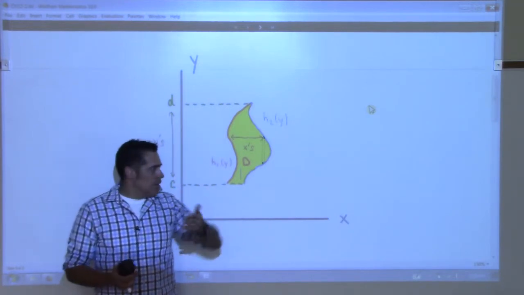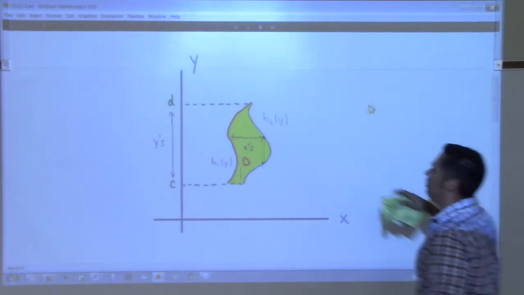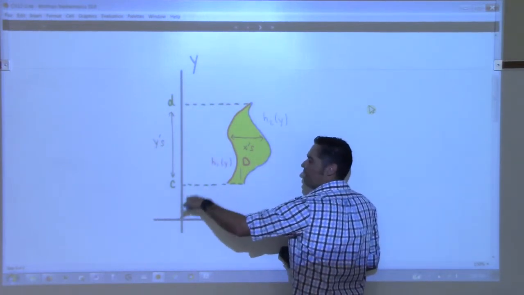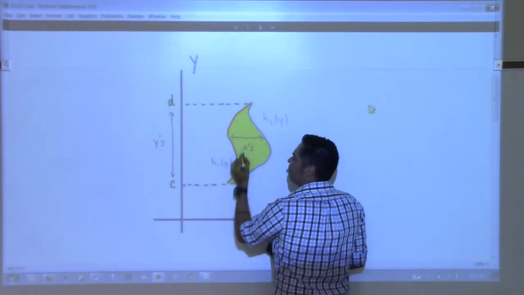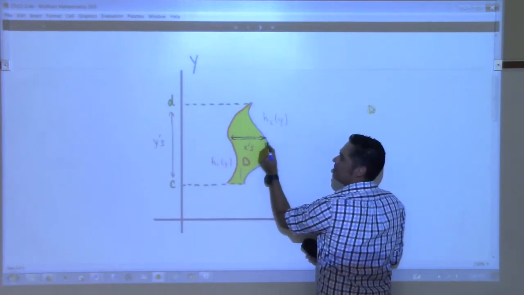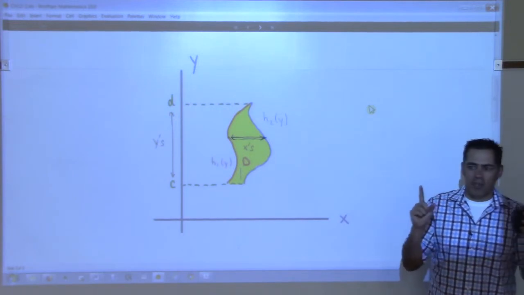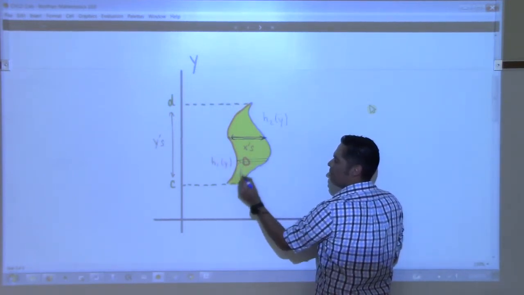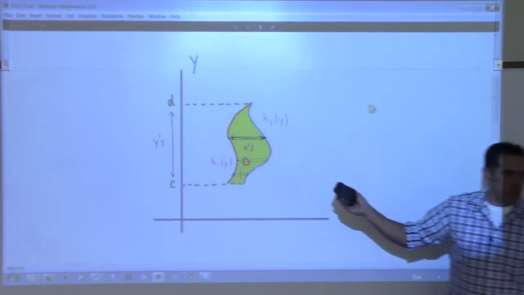Instead of looking at them as functions of x, we look at them as functions of y. If you give me a y, then I'll give you the x value. Now if we go this way with our rectangles, the left and right points are always on the same two functions. Blue one, red one. Blue one, red one. This is what makes a type 2 a type 2.